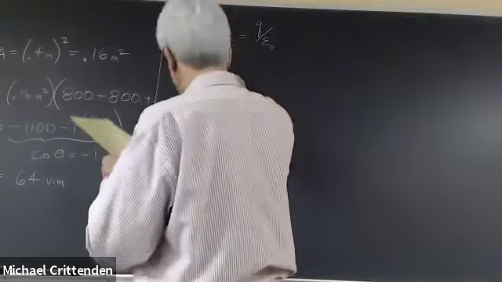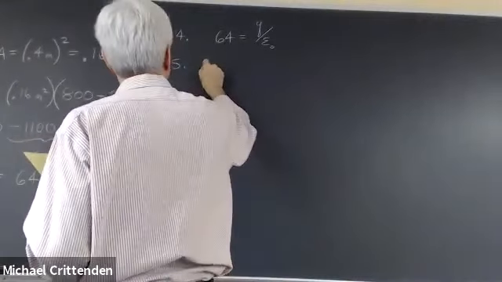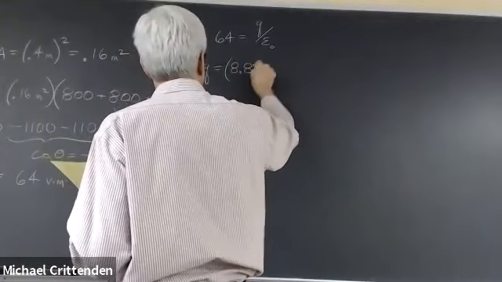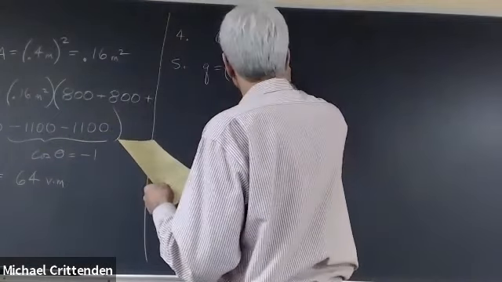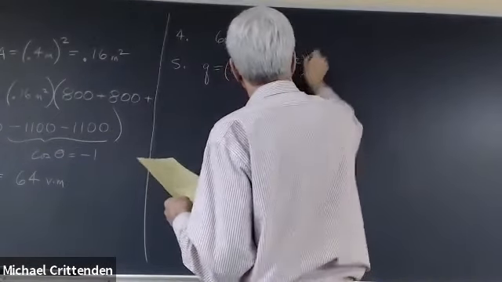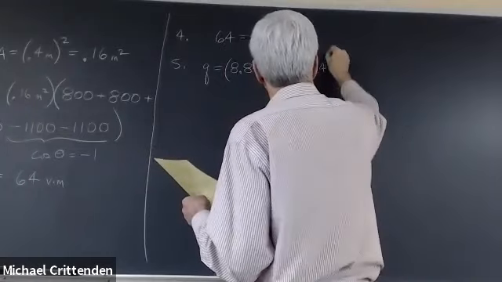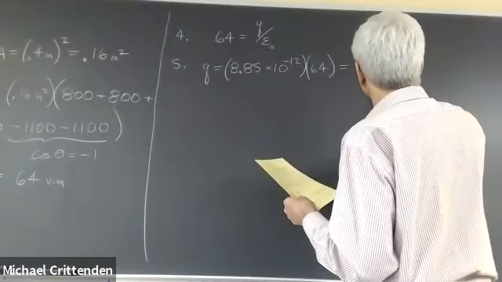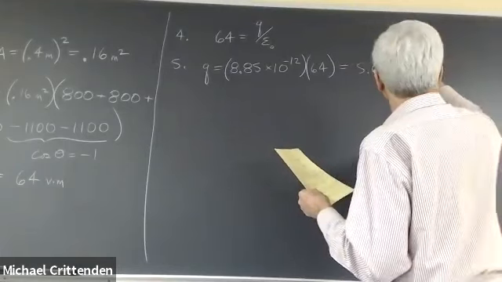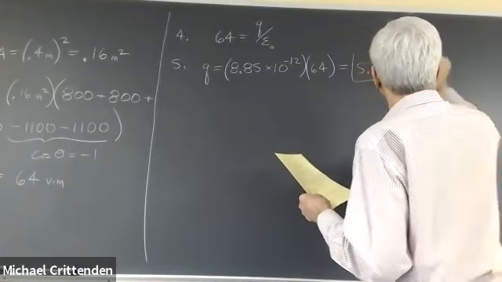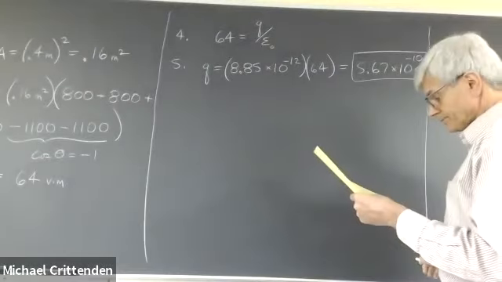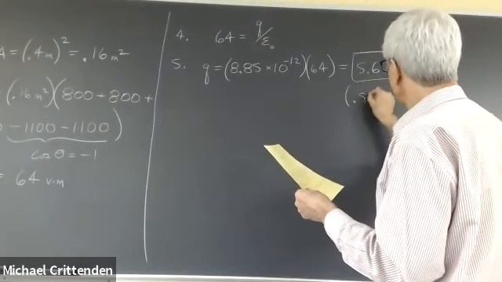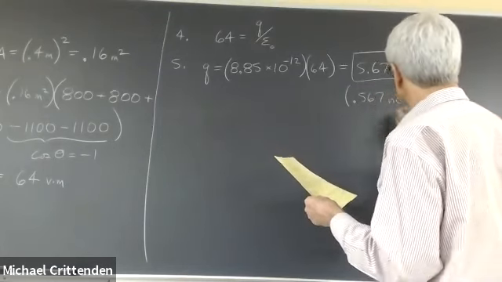So just multiply both sides by the permittivity constant. Or if you don't like scientific notation, 0.567 of a nanocoulomb.